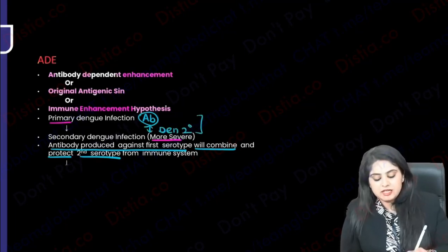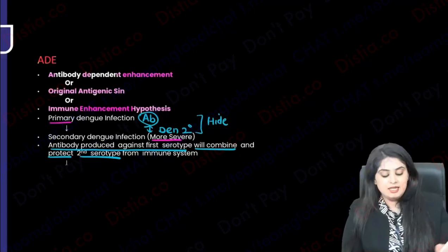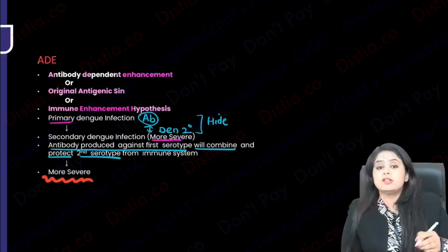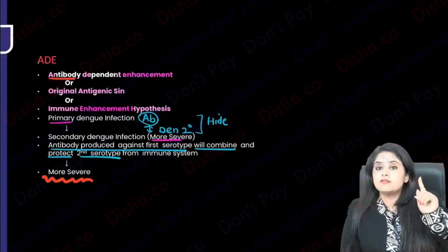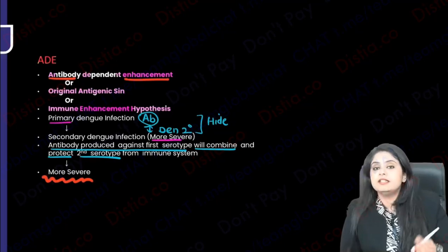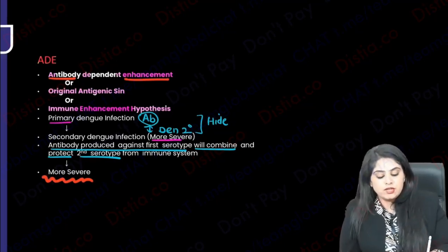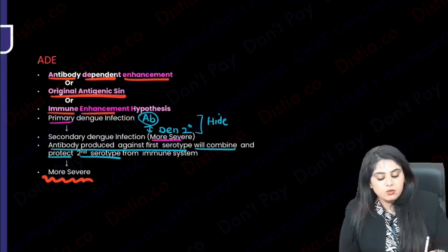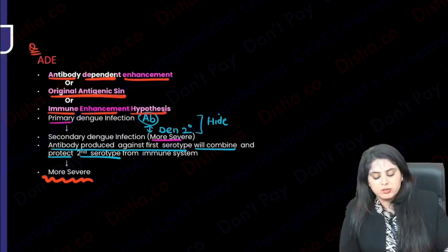As a result, it will hide it from the immune system, so you will never be able to attack it. As a result, the infection is going to turn out to be more severe. So is your antibody from the first infection enhancing the second infection? Now you've understood antibody dependent enhancement. This is a kind of sin, original antigenic sin or immune enhancement hypothesis that you see with dengue.